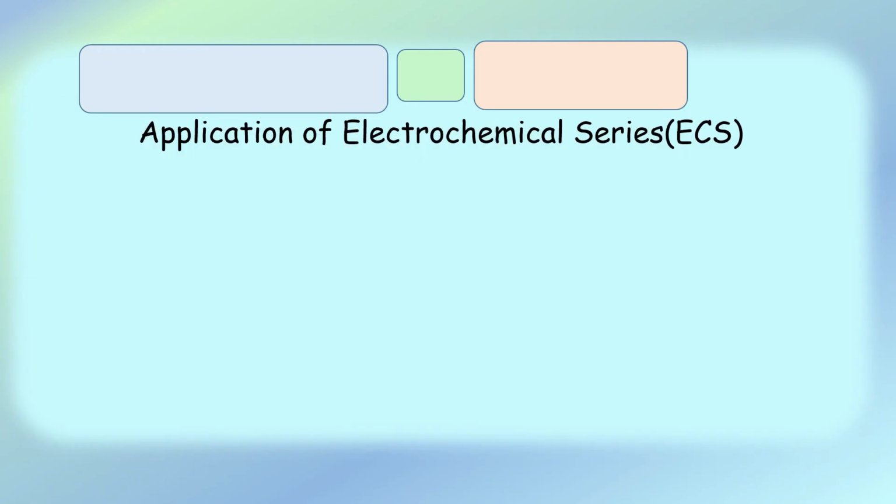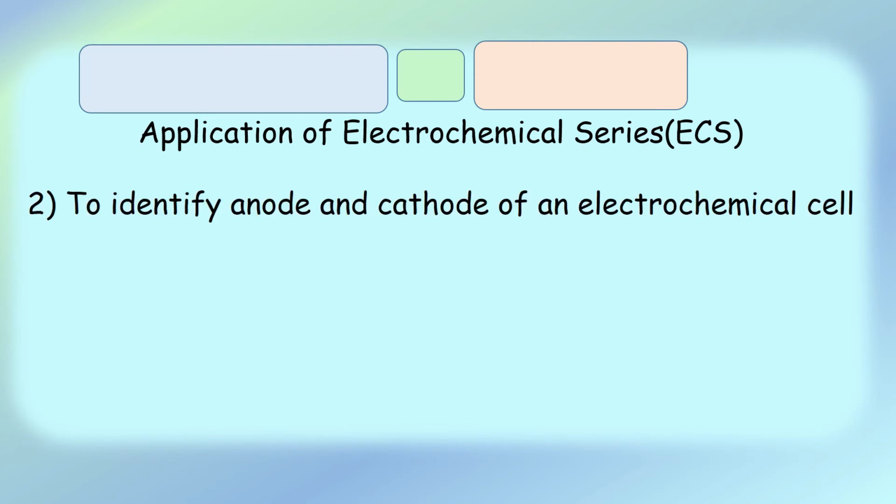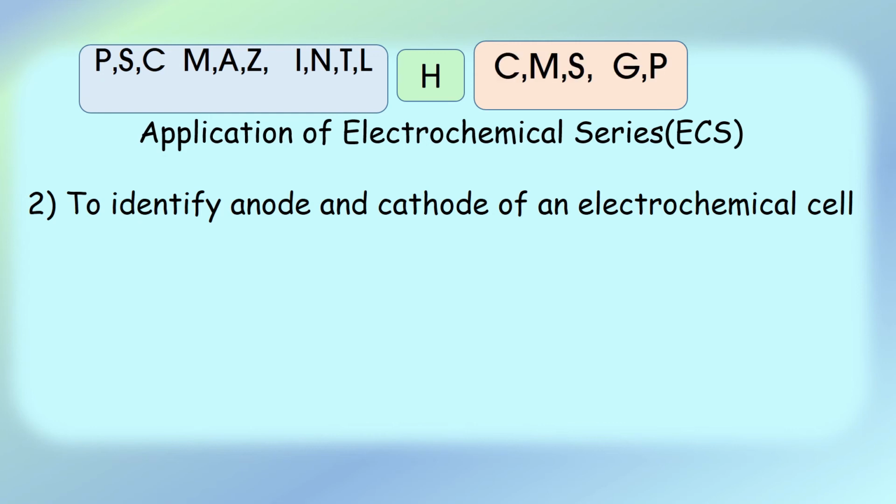The second application is to identify the anode and cathode of an electrochemical cell. We know that the electrochemical series is an arrangement of elements in the increasing order of their reduction electrode potential.